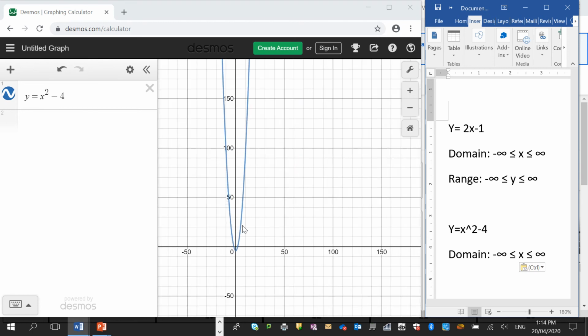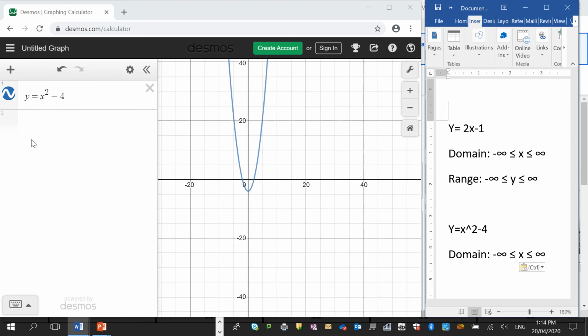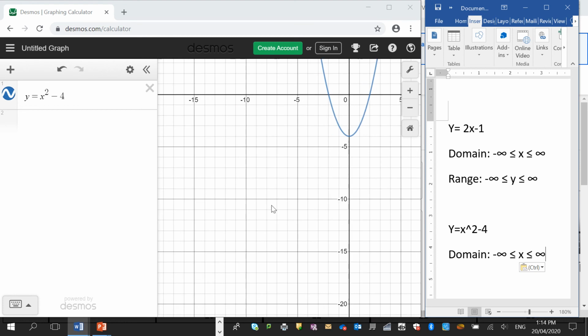However, the range, at no point for x squared minus 4 will y get down here, because this is the minimum here. So for the range, y is greater than or equal to negative 4, because y can't be negative 5, y can't be negative 10, because the graph does not go below this point.